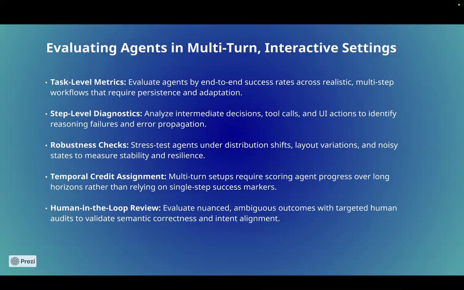You need not just the overall task, right? So you could have task level metrics where there are multi-step workflows, and then you grade the output at each intermediate step. You could have diagnostics where, at each step, you have enough visibility into the kind of decisions, the tool calls that were made, UI actions that were taken as the model carried out a particular task.